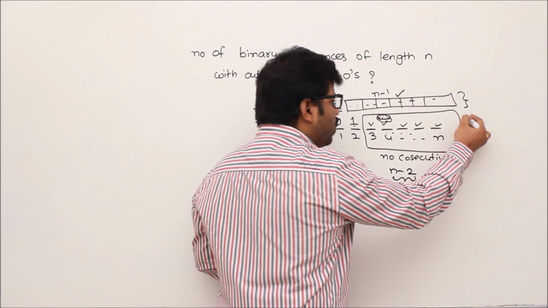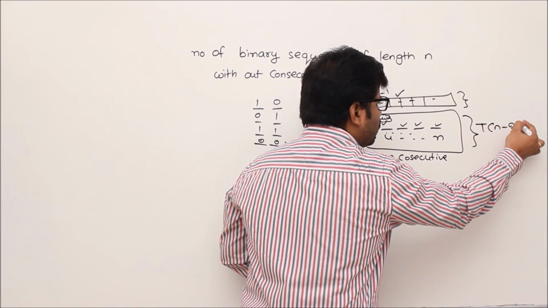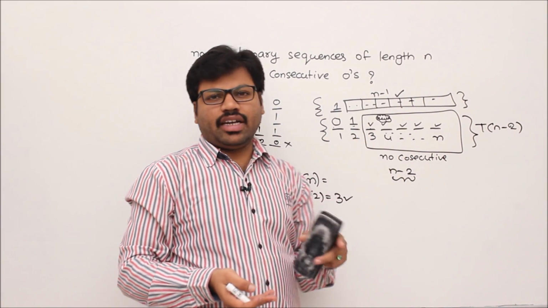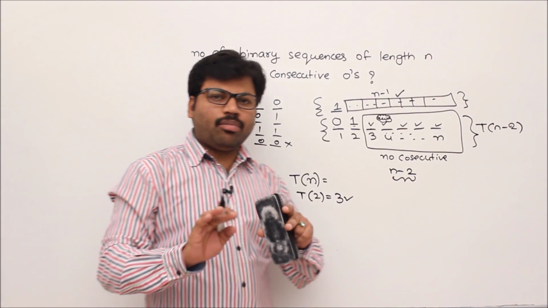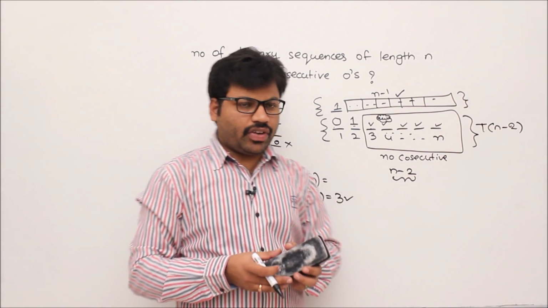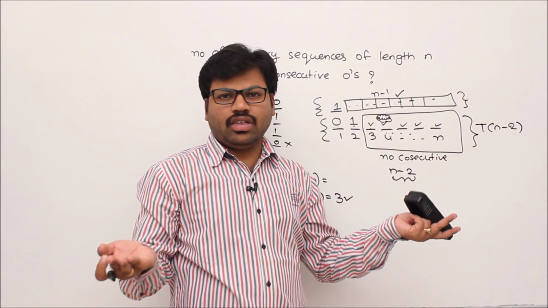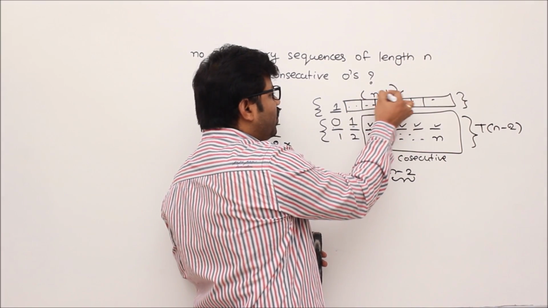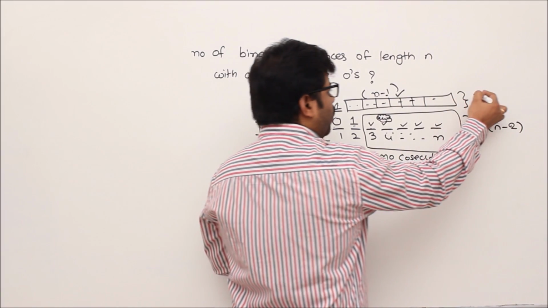We know that here we can fill in T of n minus 2 ways, since it is an n minus 2 size problem with the same terms and conditions. So if you have n positions, the number of such binary sequences is T of n, then with the same terms and conditions, if you have n minus 2 positions, they are T of n minus 2. How many binary sequences are possible with n minus 1 positions where no consecutive zeros? T of n minus 1.